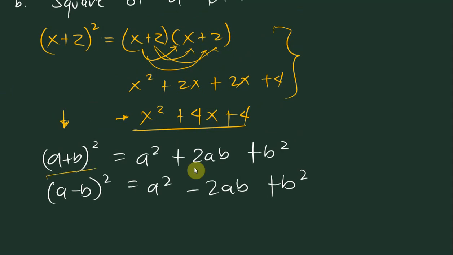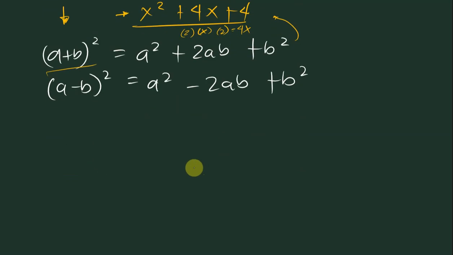And as you can see, the answer is of this form, right? So x squared. So our a here is the x, right? So we have the a squared or x squared, and then plus 4x. 2 times ab. So the a here is x, then the b is 2, right? So it is equal to 4x. Okay? And then plus 4, which is the b squared.